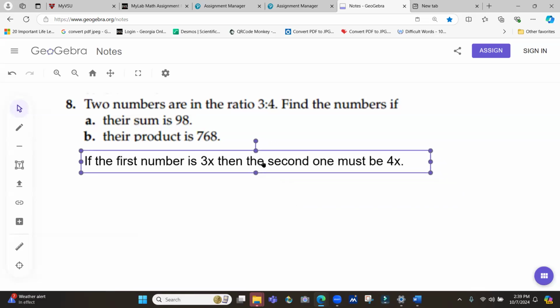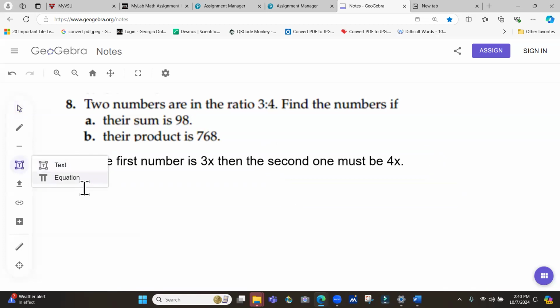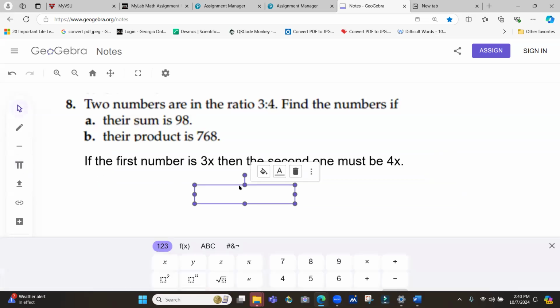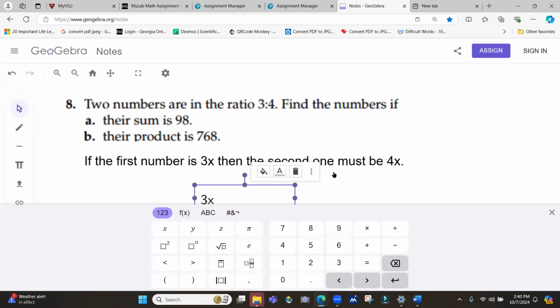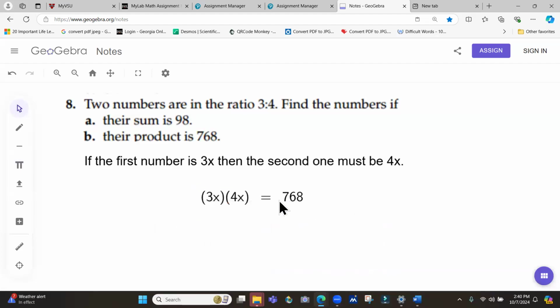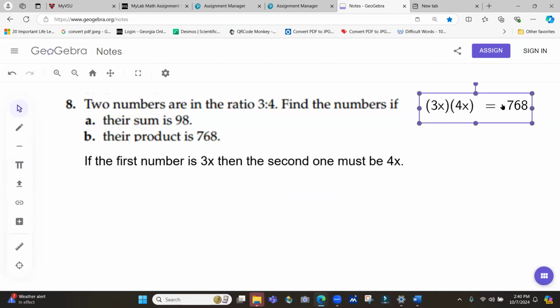Now they're saying the product is 768. Product means when you multiply the two numbers, you get 768. Well, if you multiply 3x times 4x, then that has to be 768. Okay? And the algebra is not too bad.